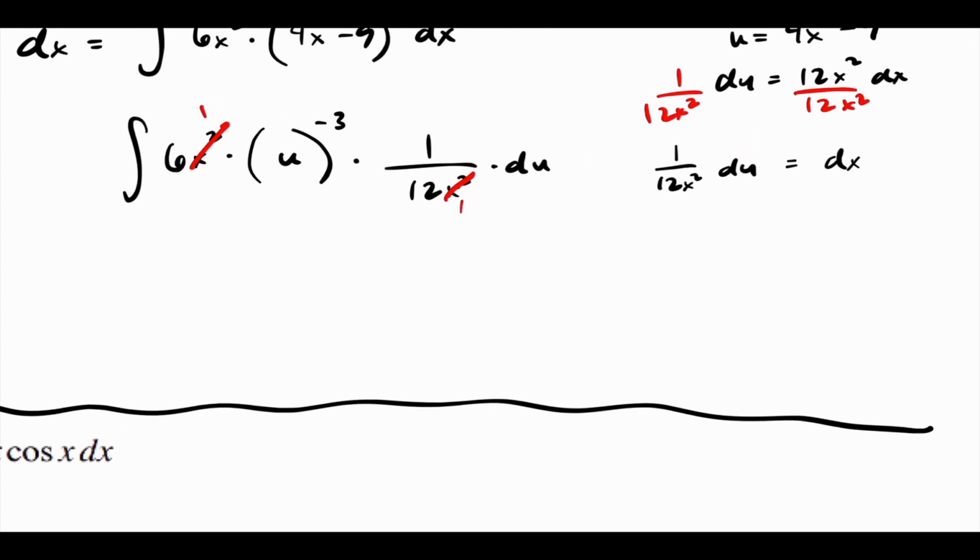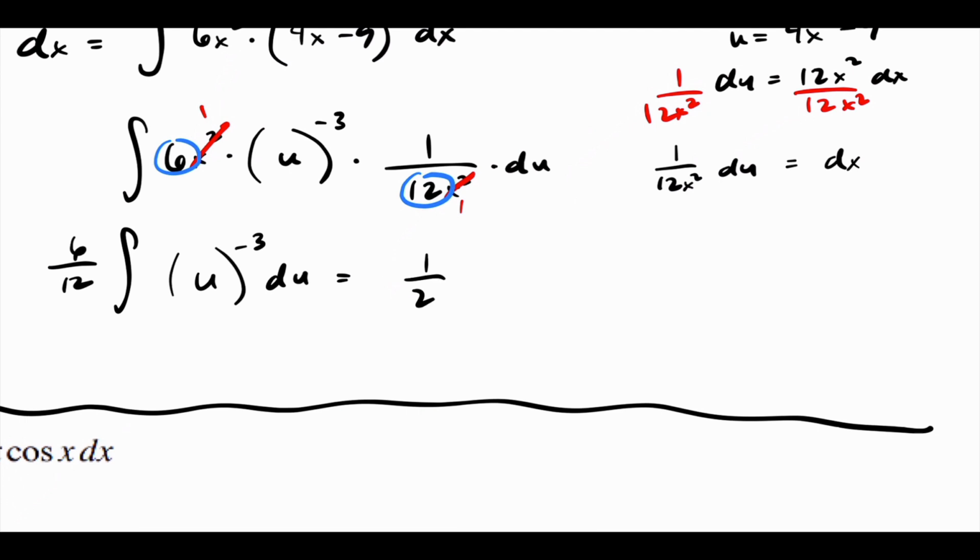So now I have 6 divided by 12, which I can move to the front now. The 6 and the divided by 12, I can move over to the front. So you get 6/12 is 1/2. So you get 1/2 times, if I add a power, I get u to the negative 2.